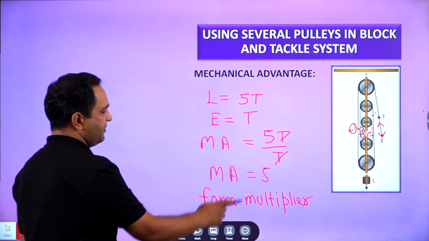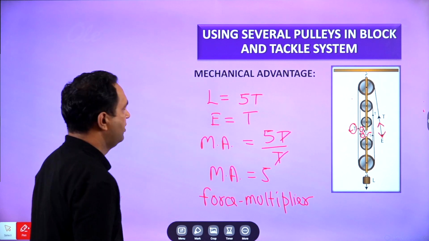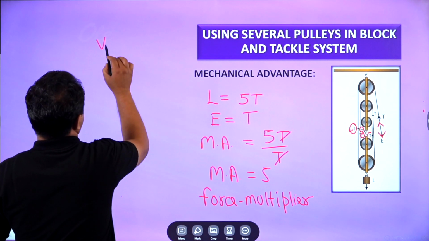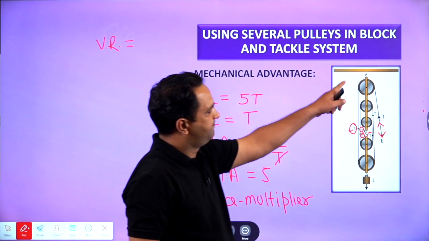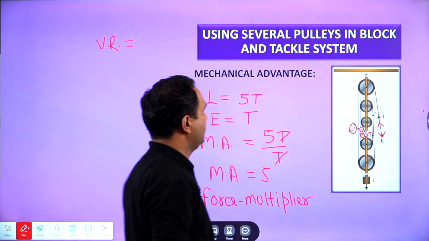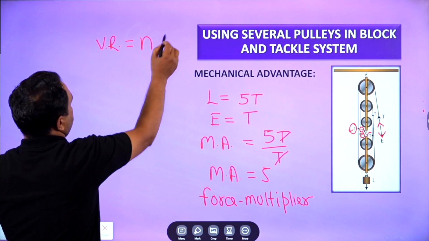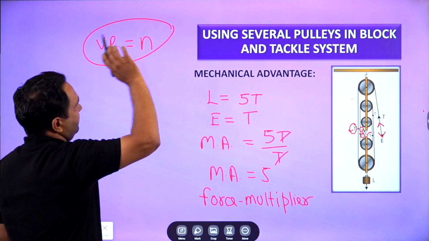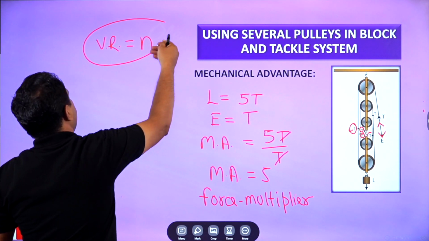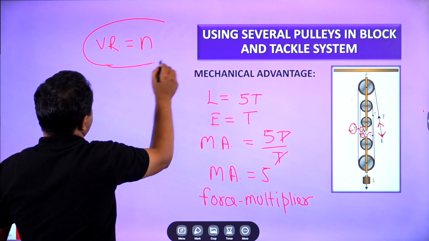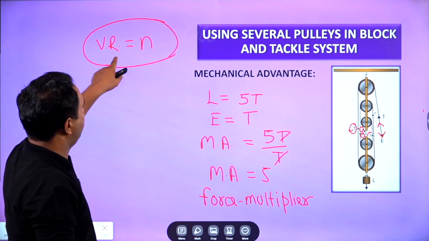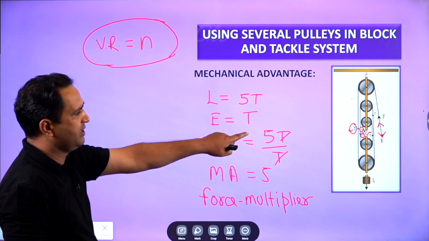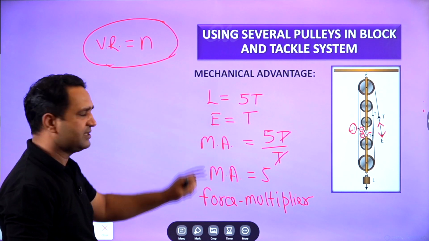Okay. Since the mechanical advantage is 5, what will be the velocity ratio? The number of pulleys we are using here will be equal to the velocity ratio. Don't go into details, very simple. The velocity ratio is fixed by the number of pulleys you use. It will always be equal to the number of pulleys you are using in the block and tackle system.